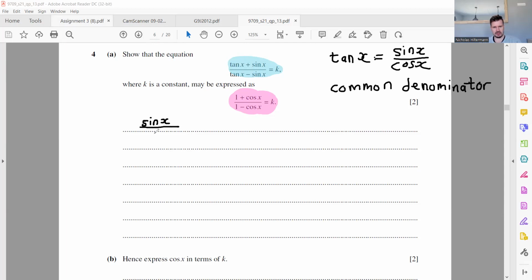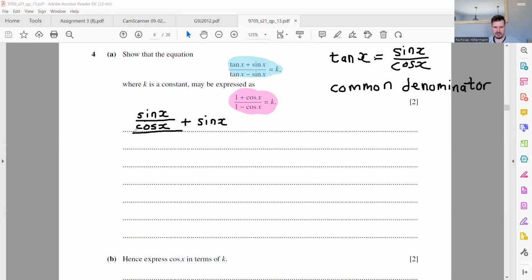Don't just sit and watch the video. And then try and go ahead. Try and beat me because I'm going to do it slowly, mostly because this pen doesn't work very fast. So I've turned it into sine x over cos x.